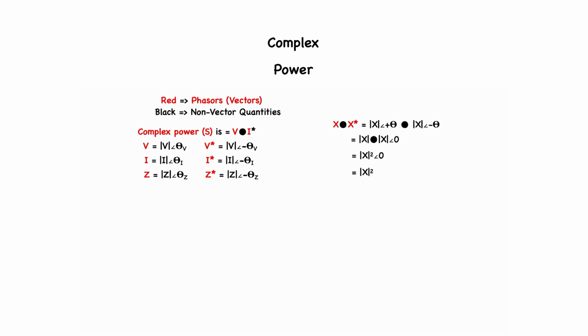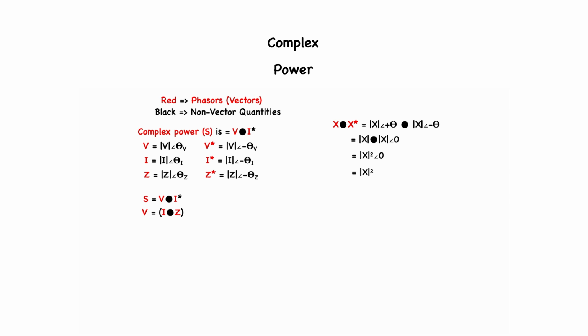Now, complex power, again, I'm just repeating it, is the voltage times the conjugate current. And we know from Ohm's law that the phasor V is given by the phasor I times the phasor Z. We can replace the V in the formula for the complex power.